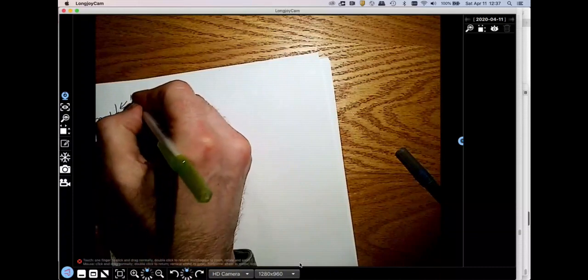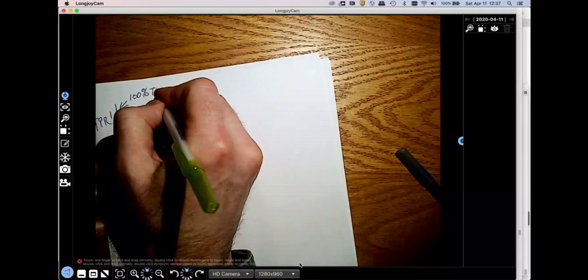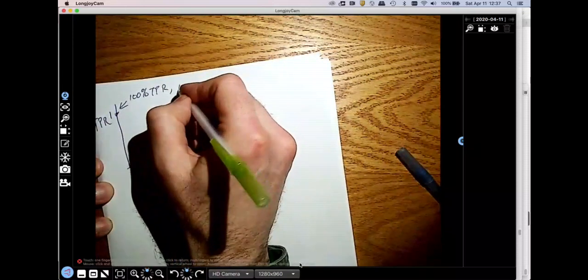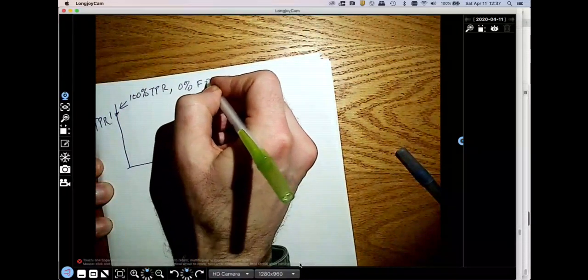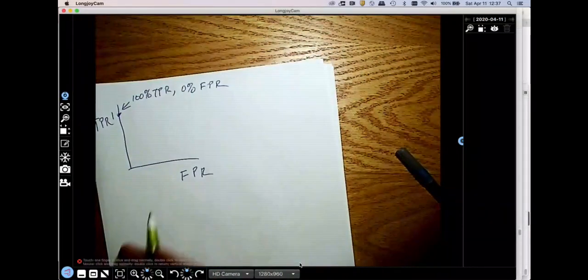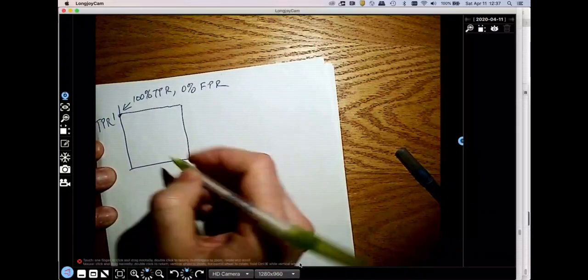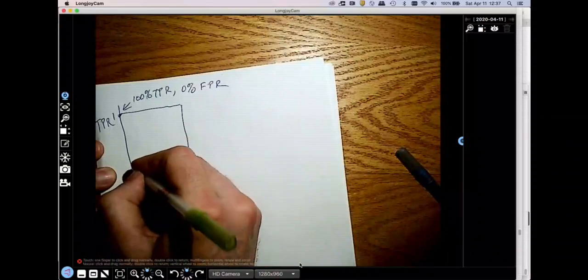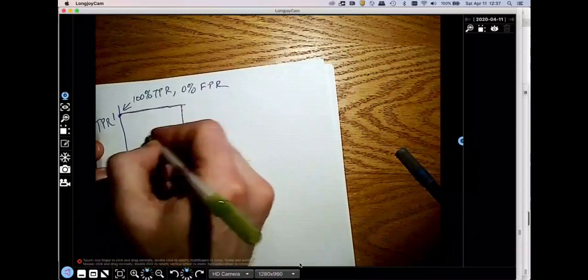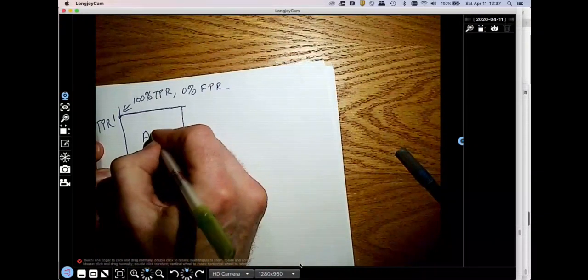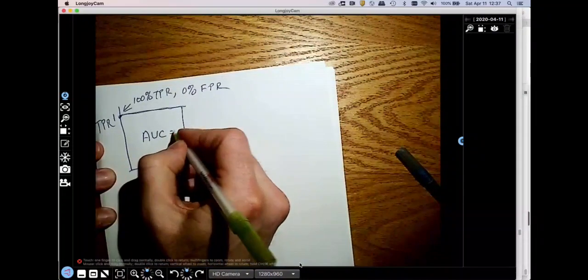So this is 100% true positives, 0% false positives. That would be the ideal classifier. And if I could do that, this would be my ROC curve. So it would just be up here, and I would have an area under this curve of 1.